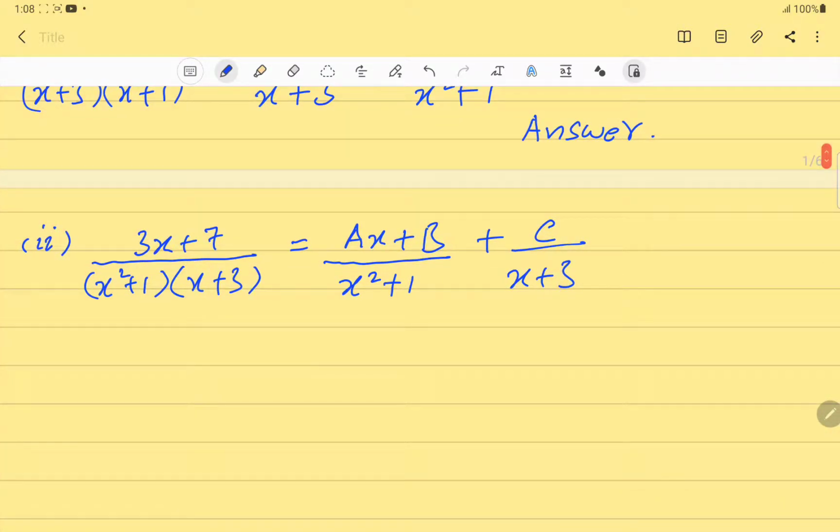Now we multiply both sides by x squared plus 1 into x plus 3. Sorry, x plus 3, not x squared plus 3.